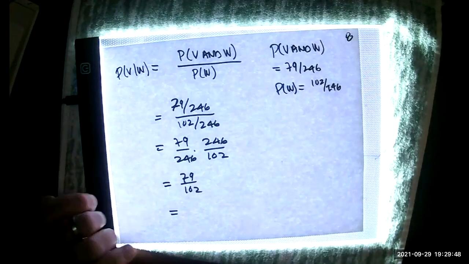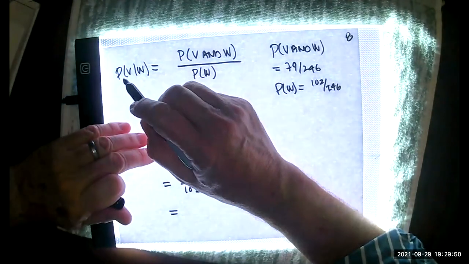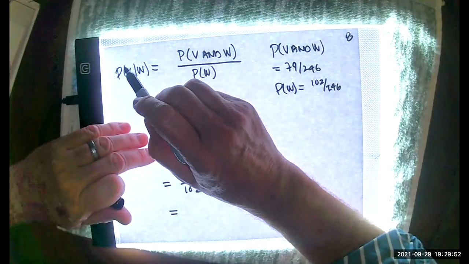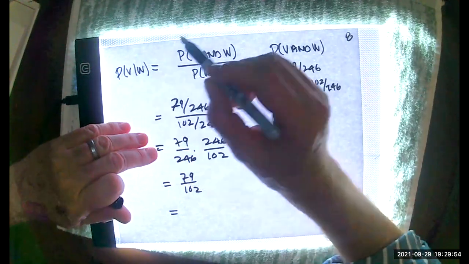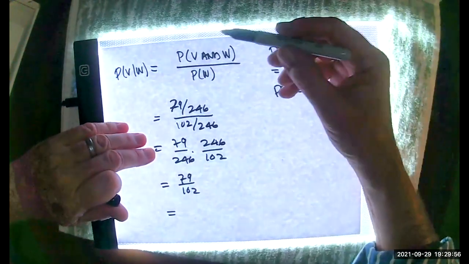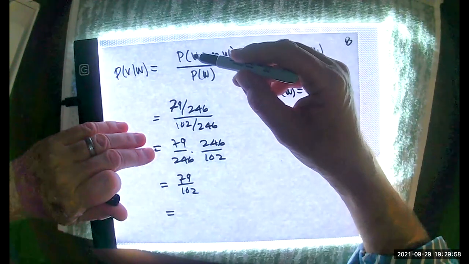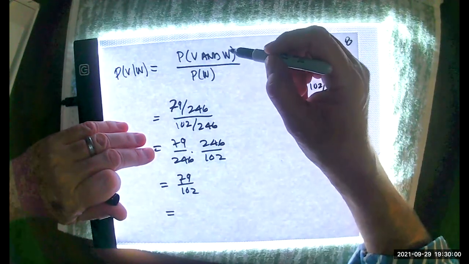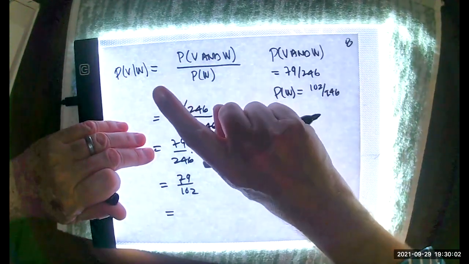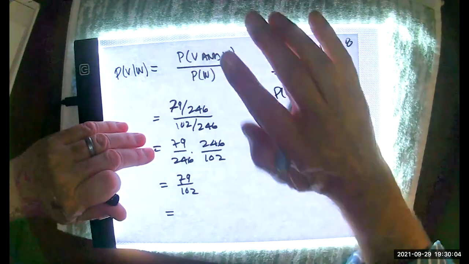So by our formula, the probability of selecting someone who voted, given that they are a woman, is the probability of selecting someone who voted and is a woman. Remember, there's really just a single selection here because the first one has already happened.